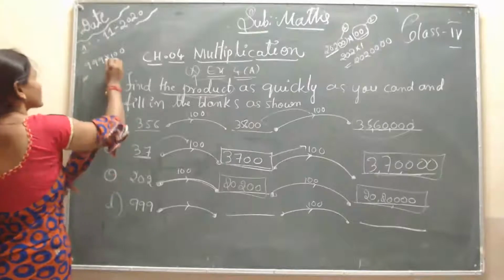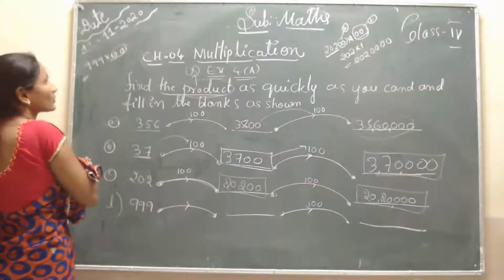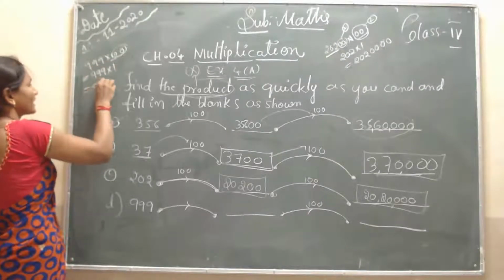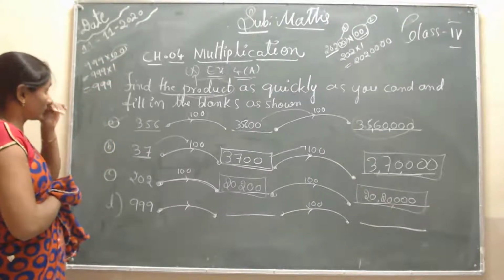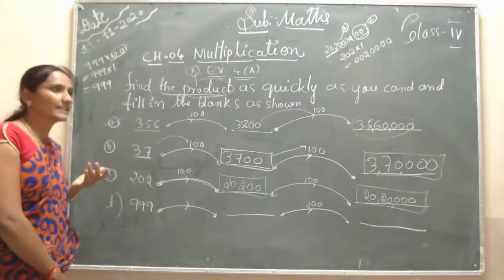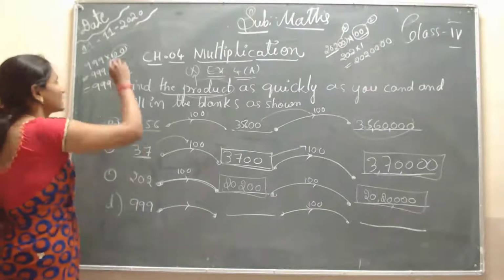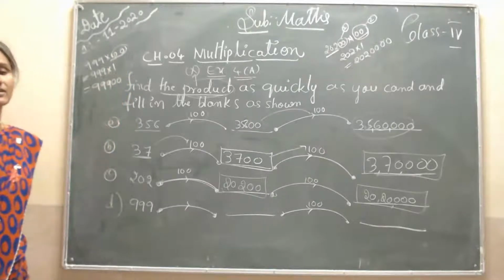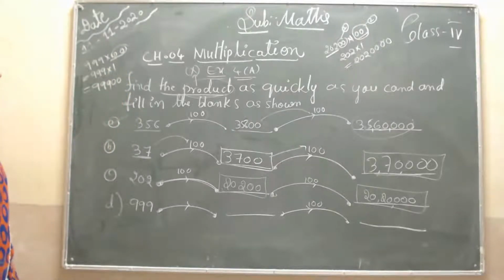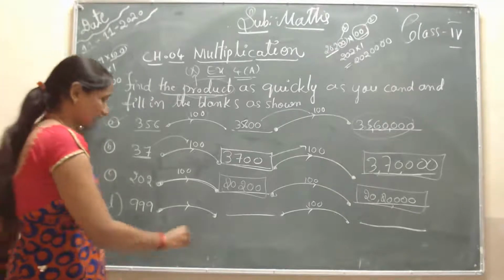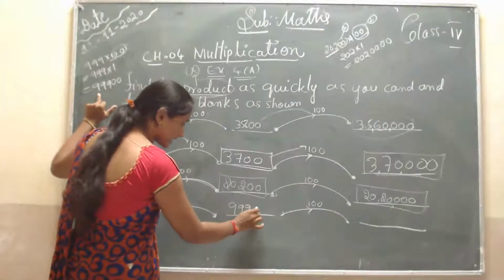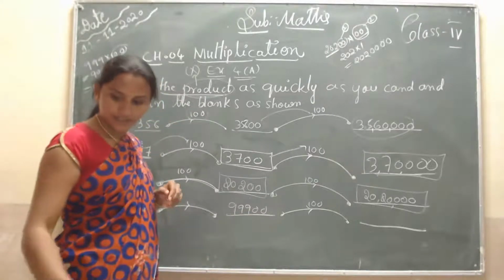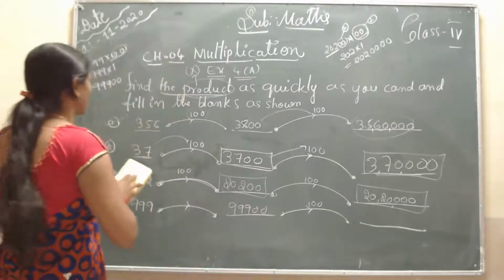So first you don't consider these 2 zeros. 999 into 1 is itself, 999. Students, how many zeros are here? Total is 2 zeros. So what is the answer? 99,900. So next, you have to use the same method.